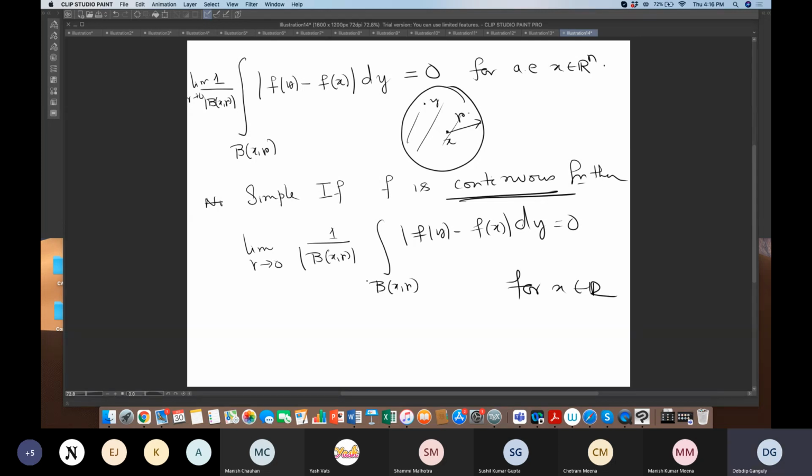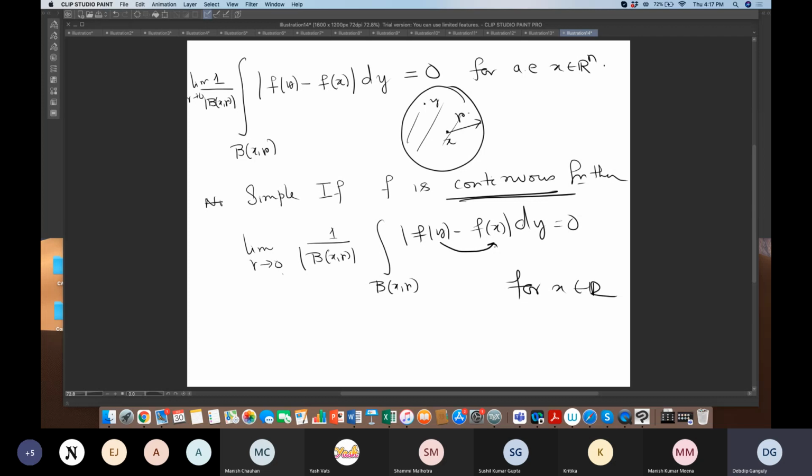If the function is continuous, you just think of y as r goes to 0, that means y goes to x. So |f(y) minus f(x)| is small by continuity. When y is very close to x, for every epsilon we can always find a delta such that |f(y) minus f(x)| is less than epsilon for all y inside the delta ball. So the supremum of |f(y) minus f(x)| comes out, which is less than epsilon.